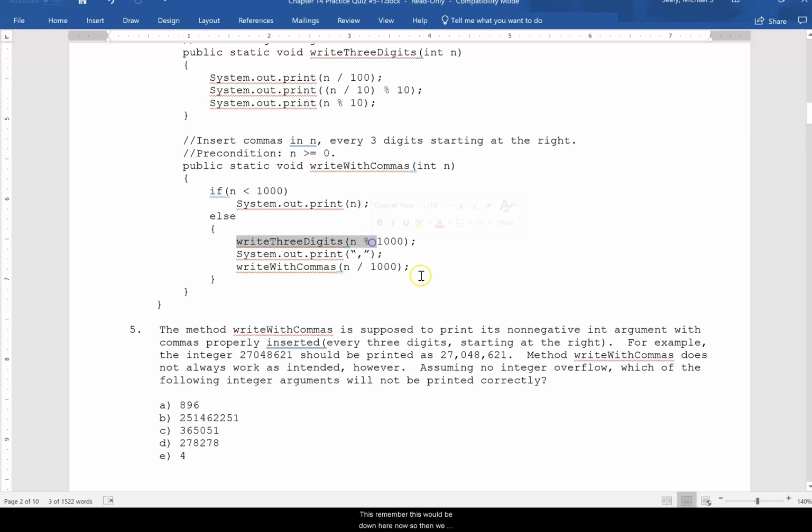This, remember, would be down here now. So then we do 365,051. Modulus 1,000 would give us 365. So for D, if we were to do this and this, our final answer would be 365, 365, and that wouldn't be correct.